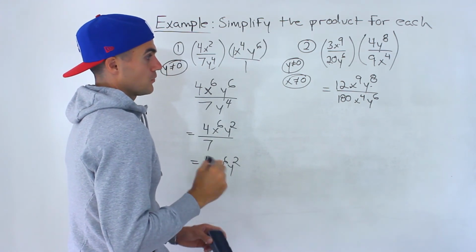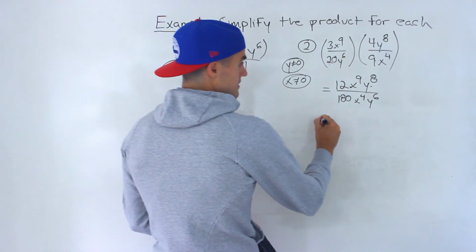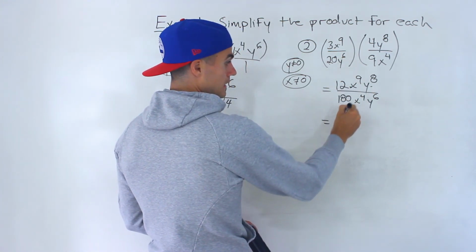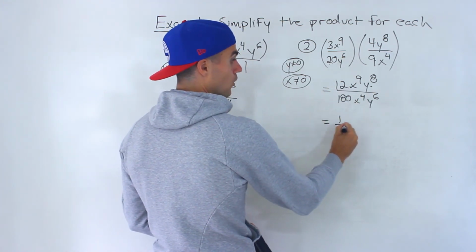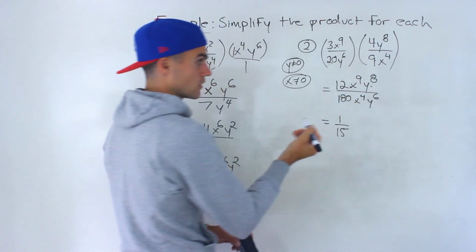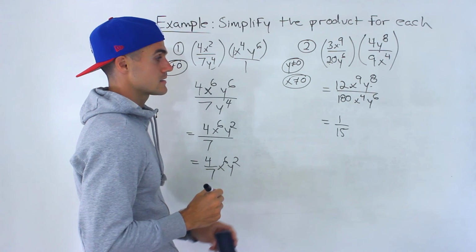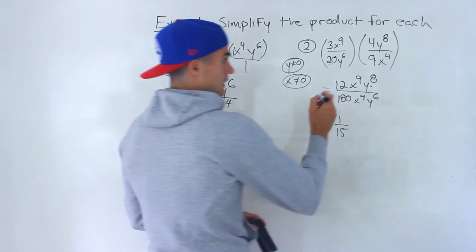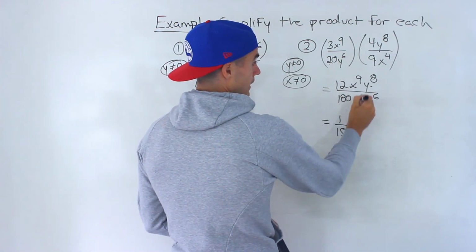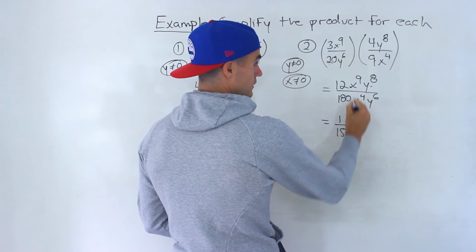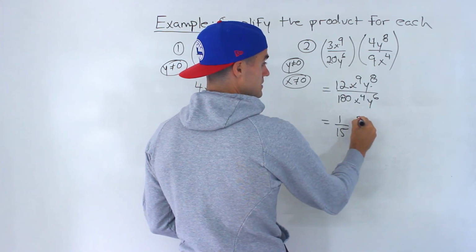And then from here, we can simplify this now. 12 over 180, what does that simplify to? 1 over 15. If we divide 12 by 12, it's 1. Divide 180 by 12, it is 15. And now we have x to the 9 over x to the 4, which would leave us with 5 x's at the top.